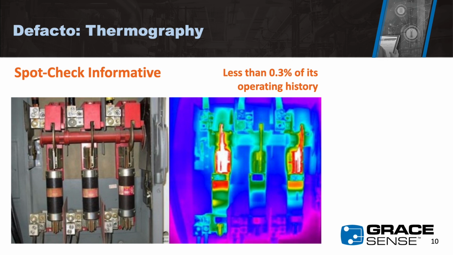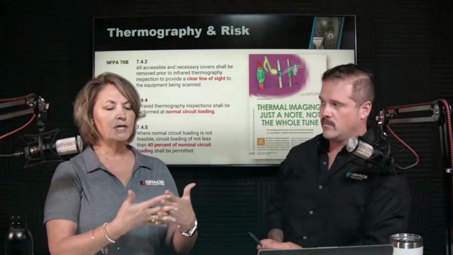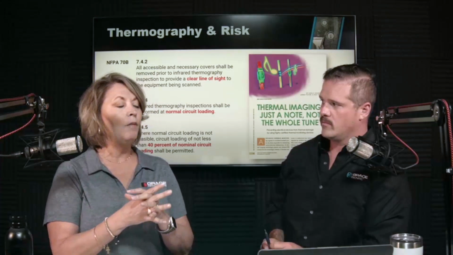So as we move into the thermography, I want to just share how these two types of techniques, continuous thermal monitoring and thermography, can really complement one another to give customers the full health benefit of their asset.